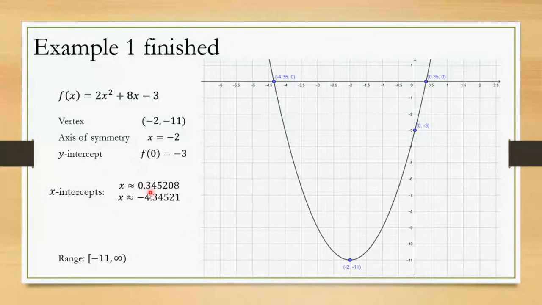Normally I probably would not ask you to graph it by hand. I might just say calculate the vertex using the formulas I gave you. I know there's Desmos and stuff out there. I can graph it for you. But basically here is our vertex. Here, that's our y-intercept, right?